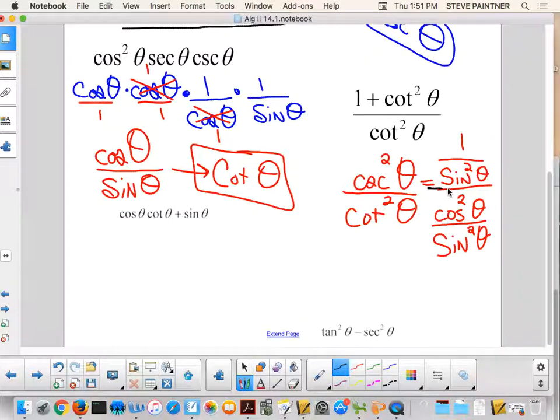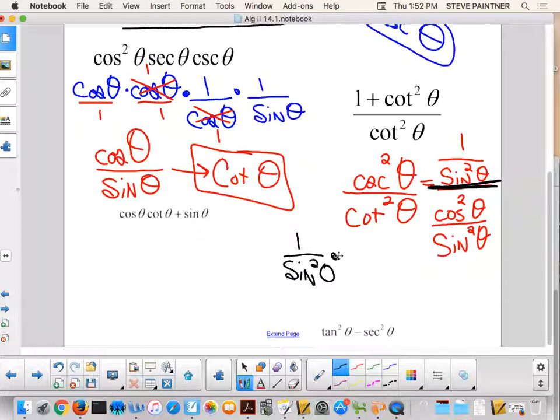Now, this is your division bar. You are taking a fraction on top, dividing by a fraction on the bottom. And you're not going to do that, right? What are you going to do? Multiply by the reciprocal. Take the numerator and multiply it by the reciprocal of the denominator.